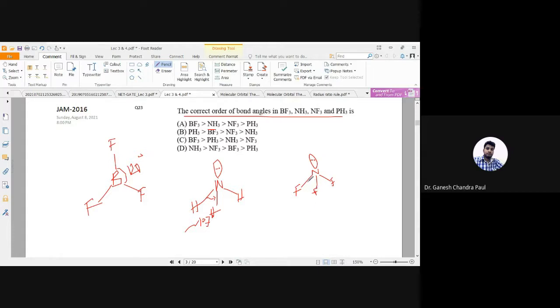Therefore the bond angle is reduced according to VSEPR rule, to around 102 degrees. And in the case of phosphine, PH3, the bond angle value is around 93 point something. That's what you have to remember, few things like this: the bond angle is 93. So option A is the correct answer.